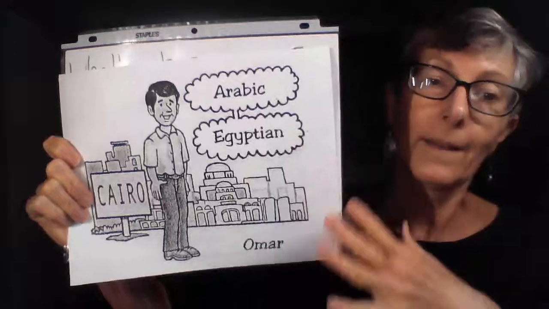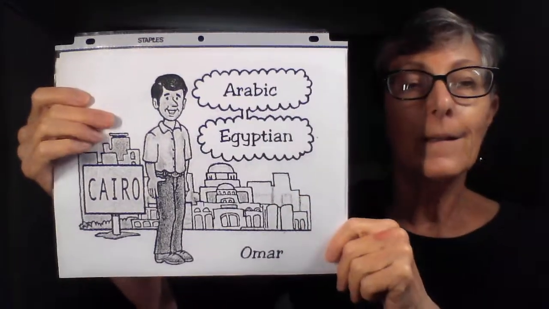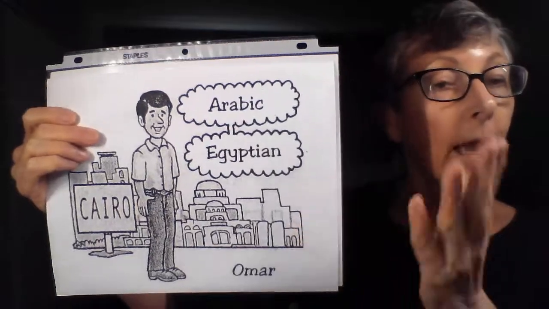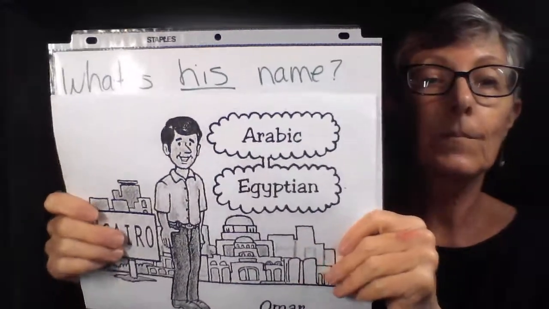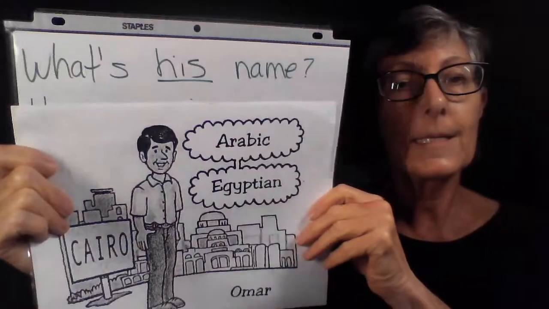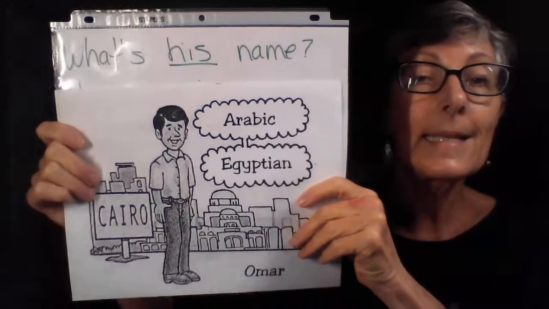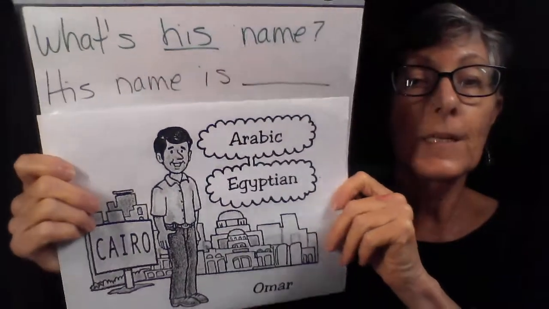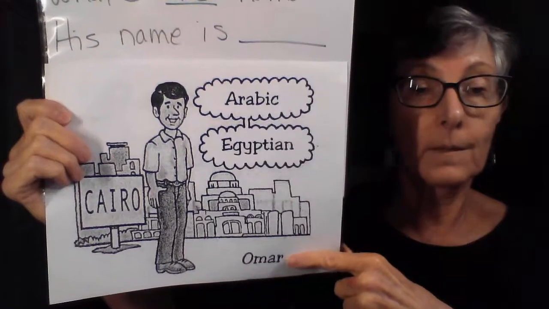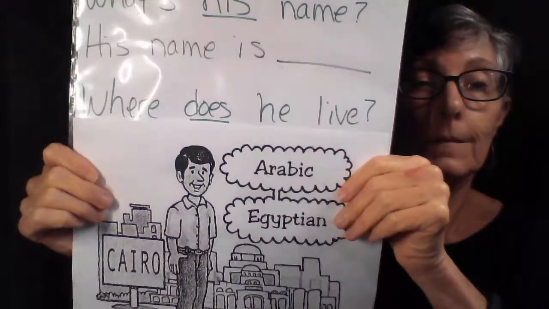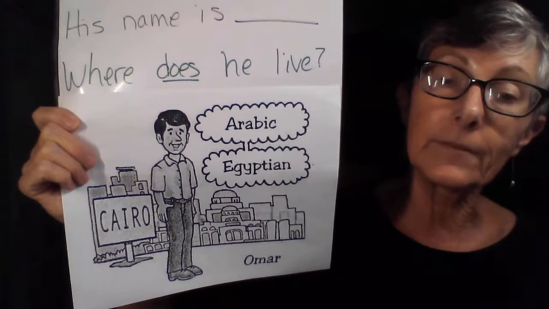Okay, last one. Yay! He or she. Correct, he. And what's the other word we need to use? His. So we need to say, what's his name? And the answer is, his name is Omar. Where does he live?